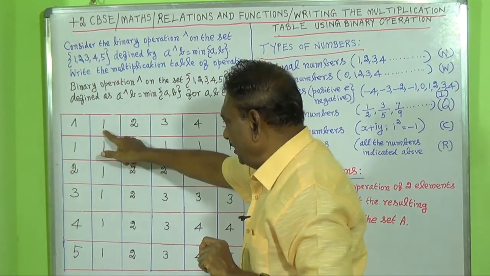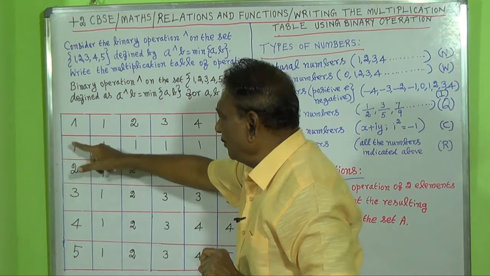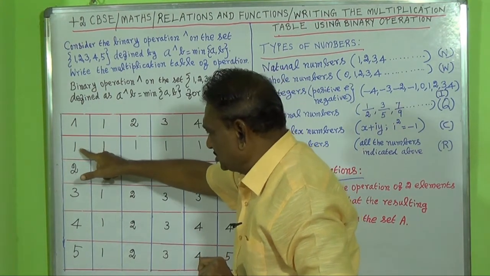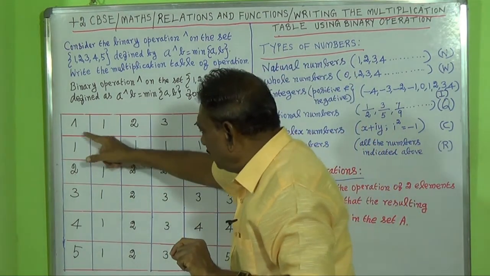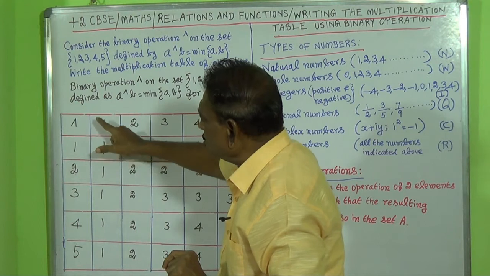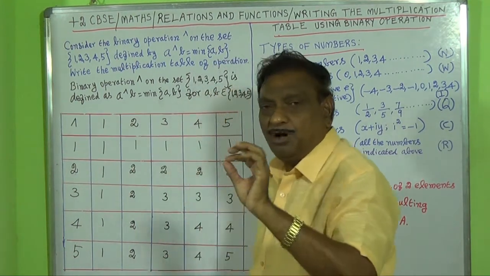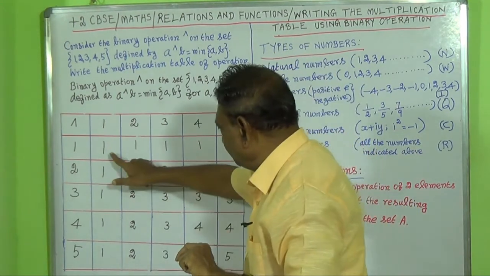This is A, this is B. We are going to apply the binary operator to these two numbers. The result should be the minimum of these two numbers. What is the minimum of these two numbers? 1 and 1. The minimum of 1 and 1 is 1.